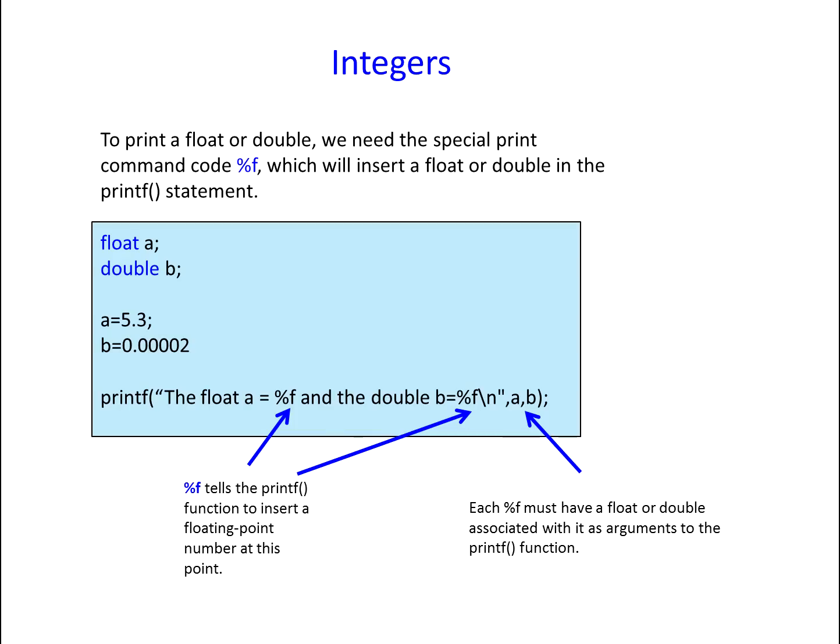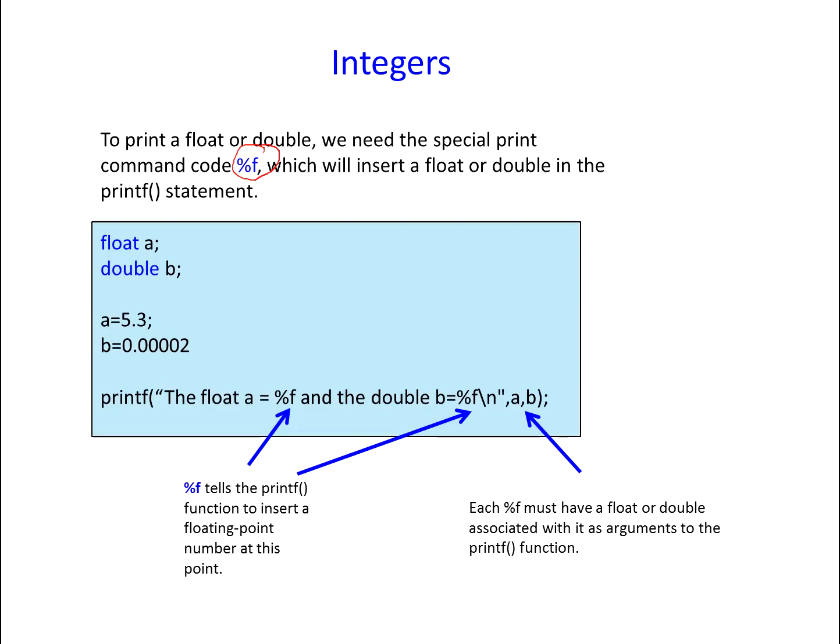Okay, so we will want to print these out as well. In this little code snippet, we define A as a single precision floating type, and B as a double. We're going to assign 5.3 to A and 0.00002 to B. And then we want to say the float A equals. Now we have to use the special command code for a double or a float.